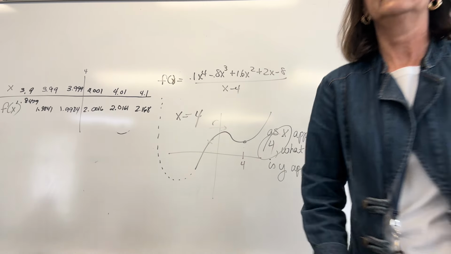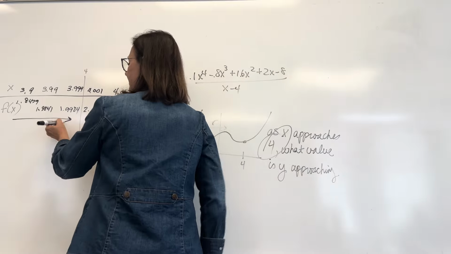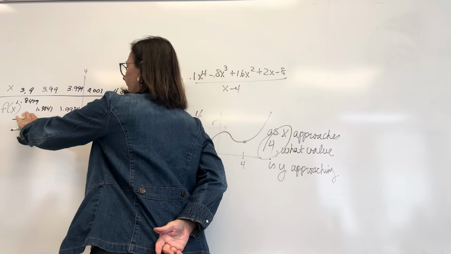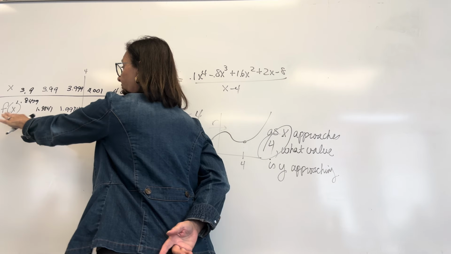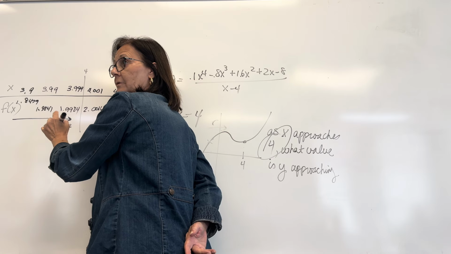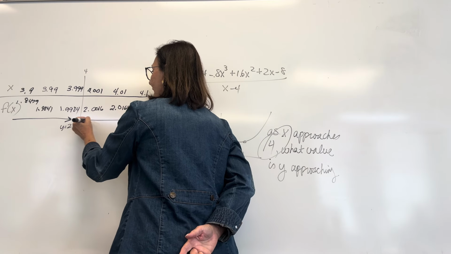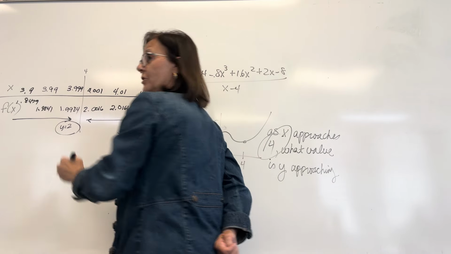So, from the left, we're getting closer and closer to what number? 2. So from the left, we're getting close to y equals 2. From the right, we're also getting closer to y equals 2.